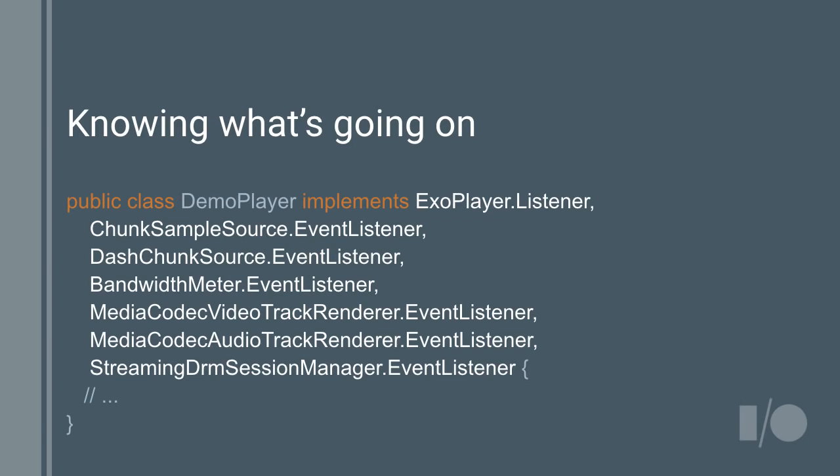This is a listener which notifies you about the high-level state of the player. So when you start, the player is in an idle state, and it transitions to a buffering state. So we have to start downloading data, and as soon as there is enough data, we can start playback. If you want to give some signals to your user, now the player is buffering, there is not enough data available, you can just implement such a listener and listen to those state transitions.